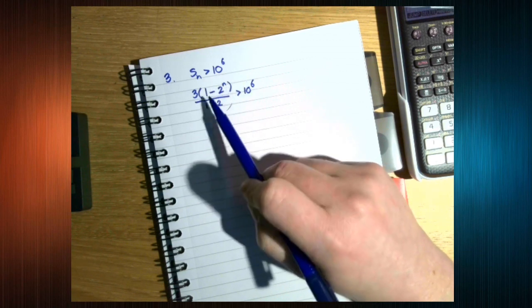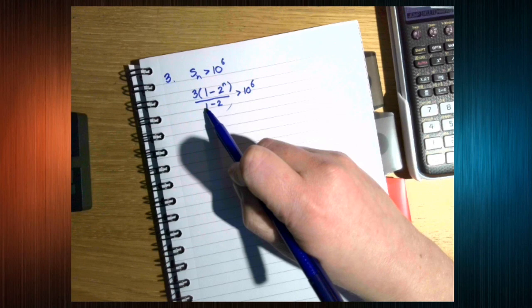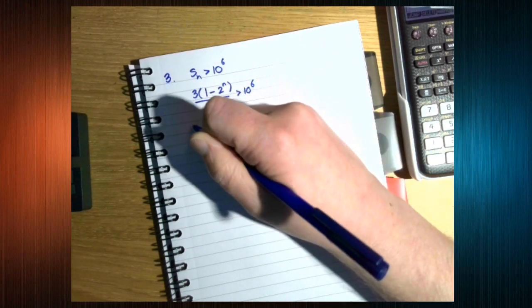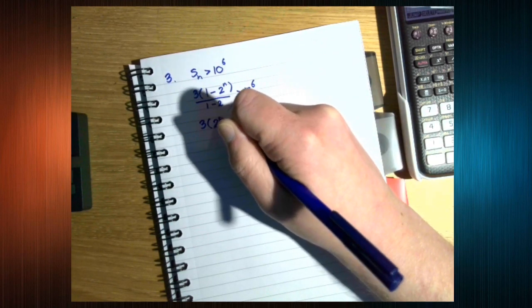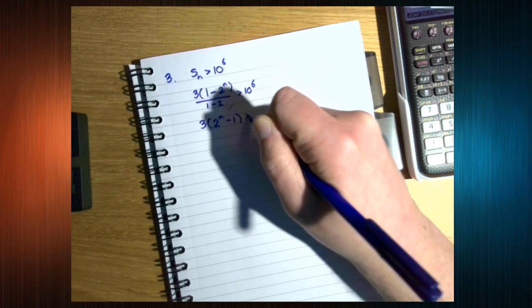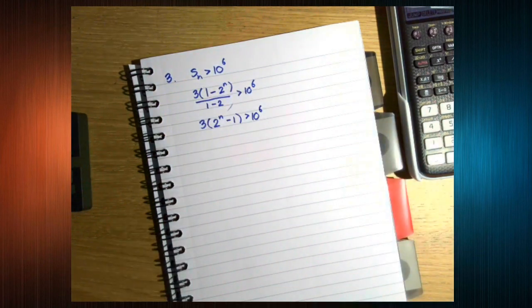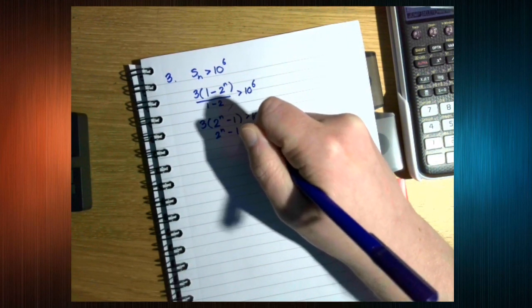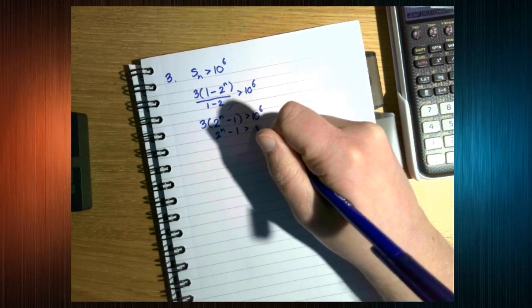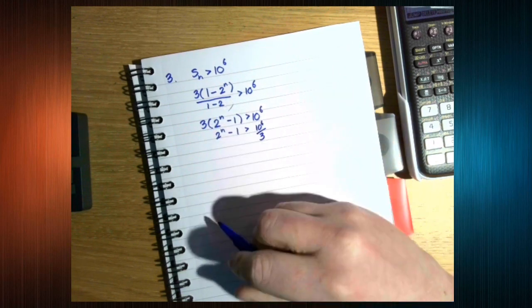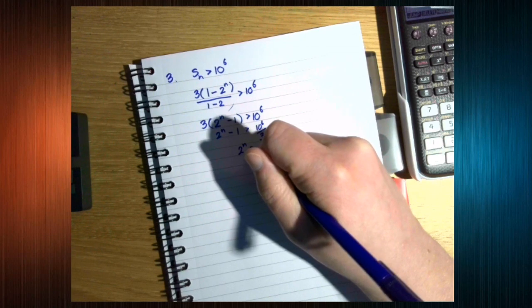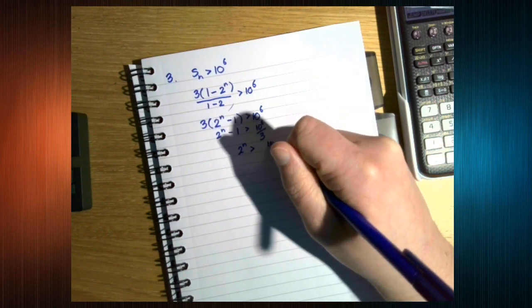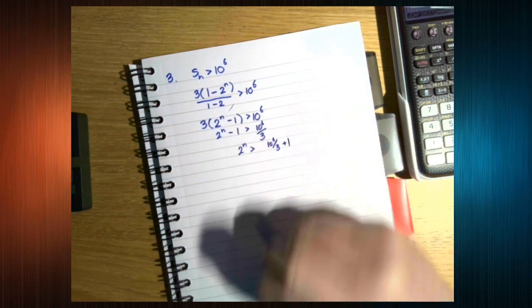So let's deal with that now. 1 minus 2 is minus 1, but this is the same as saying 3 times (2 to the n minus 1) is greater than 10 to the 6. So we get 2 to the n minus 1 is greater than 10 to the 6 over 3. 2 to the n is greater than 10 to the 6 over 3 plus 1.